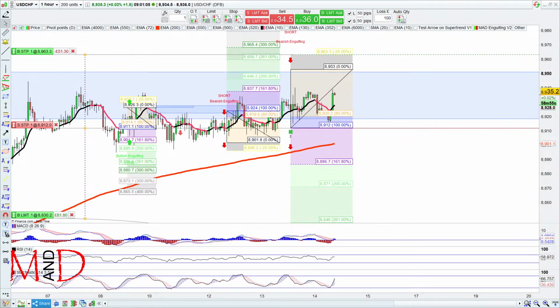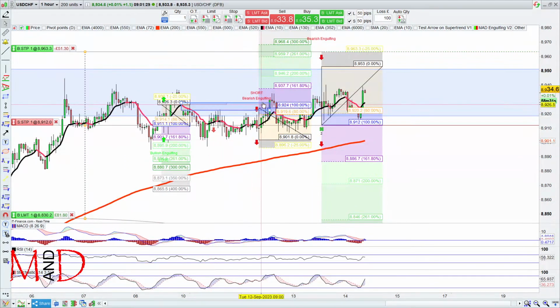If anyone's watching this back at a later date, you might remember that I had entered in a short and then inadvertently hit the stop limit on a bid twice. Stupid. And we were short here. Well, that's been taken out. It got taken out here, so I can actually take this off.